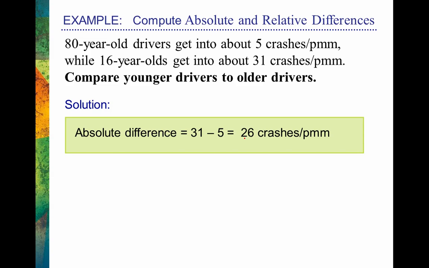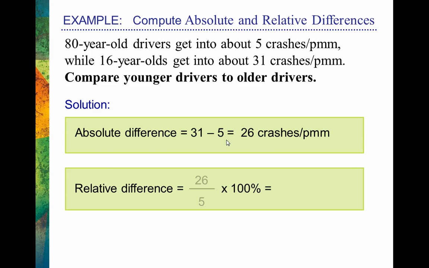All right, well, we often like to express that as a percentage. So if we're going to compute the relative difference, we now want to look at how big is that absolute difference relative to, remember, that baseline measurement, relative to this reference value. So we're simply going to look at, in this case, 26 divided by 5, and then multiply by 100.